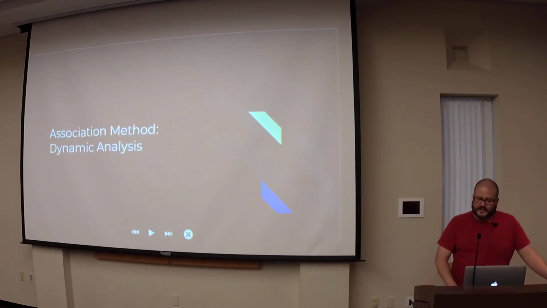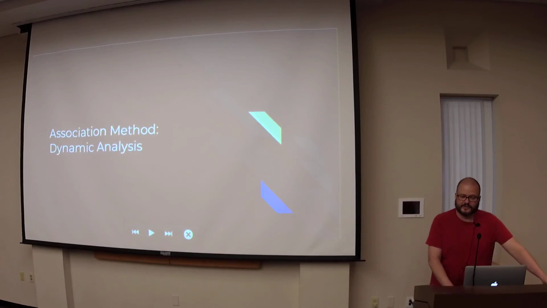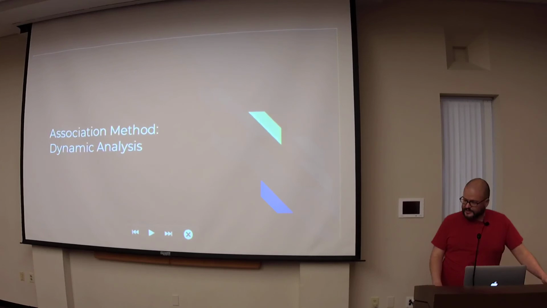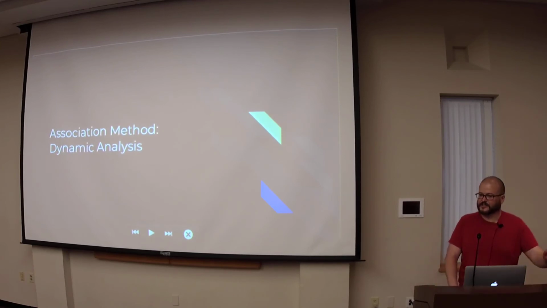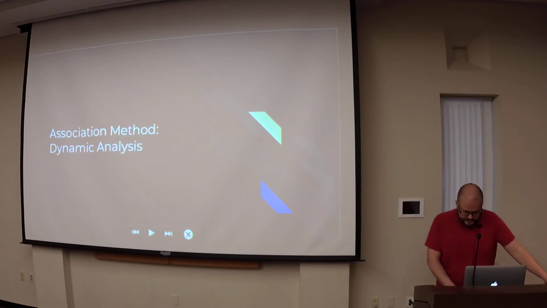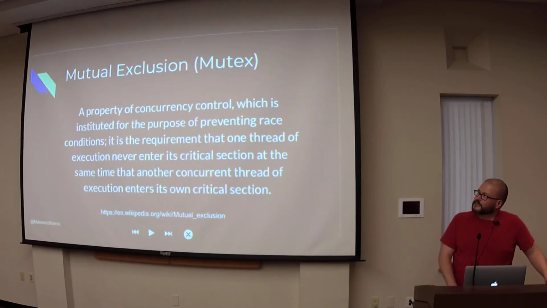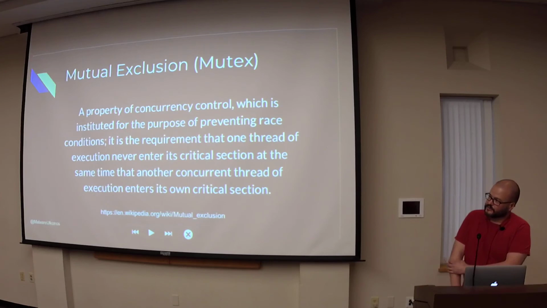So the next association method I want to talk about. Everything I've talked about so far is static analysis, and I'm not going to go too in-depth into dynamic analysis. I'm just going to gloss over some of this. But one main way of finding what a malware file might be related to another one is through mutual exclusion.